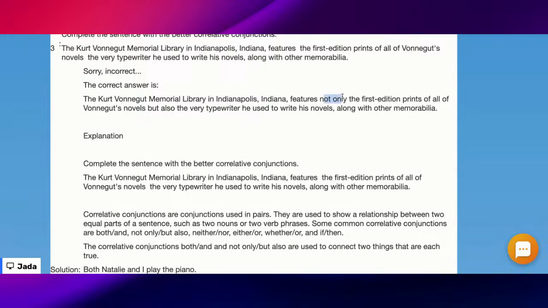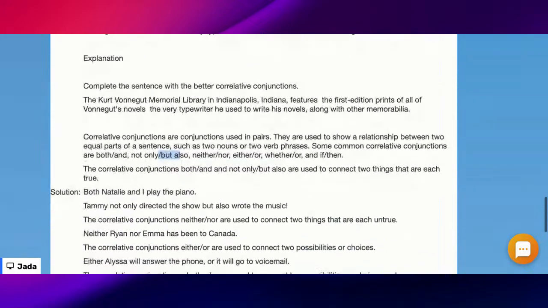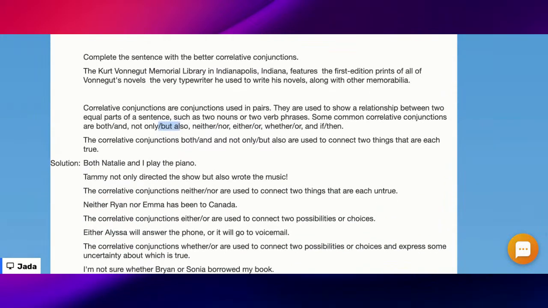Not only but also. Not only but also gives you a real fact, something that is true and very correct.